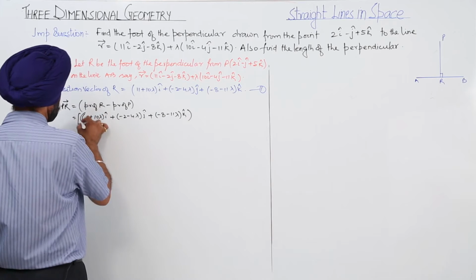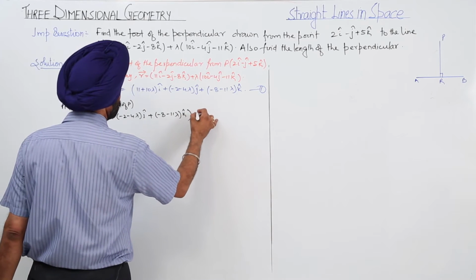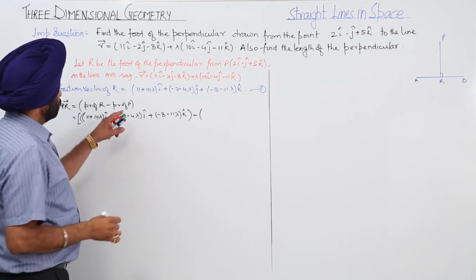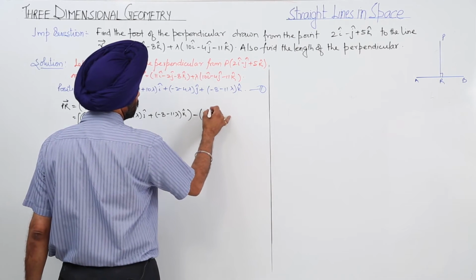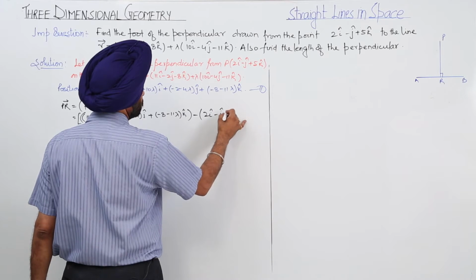Now this whole is subtracted from position vector of P, which is 2i cap minus j cap plus 5k cap.